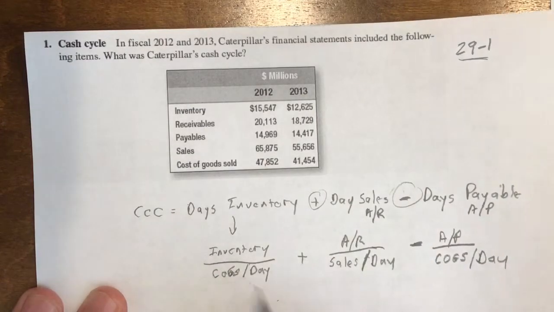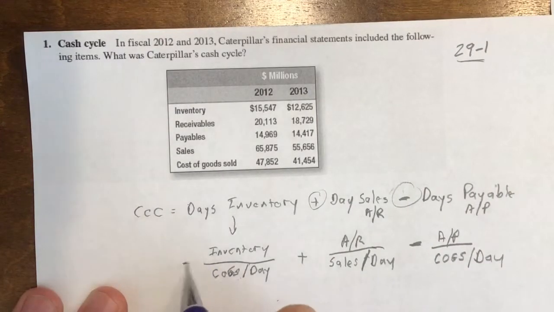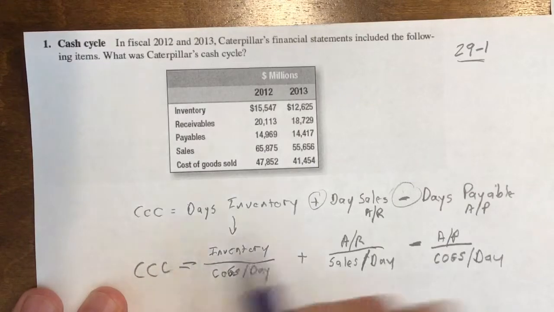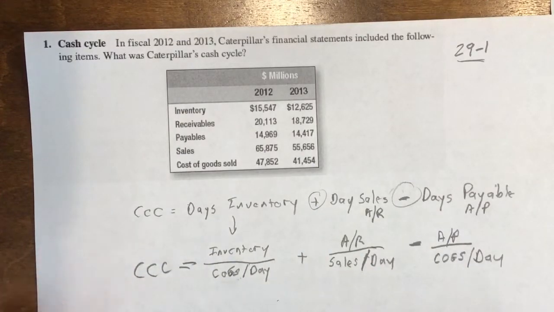So the same denominator here, and that equals your cash conversion cycle.